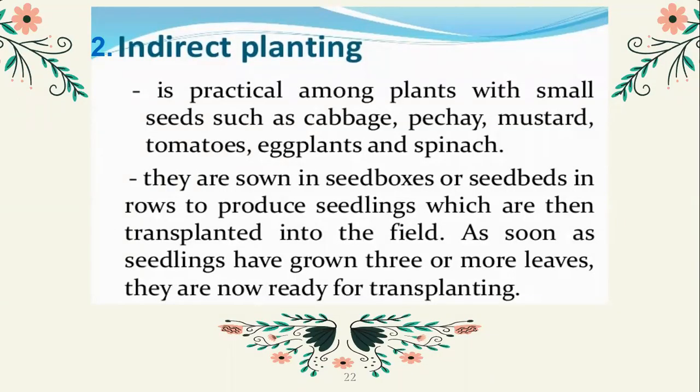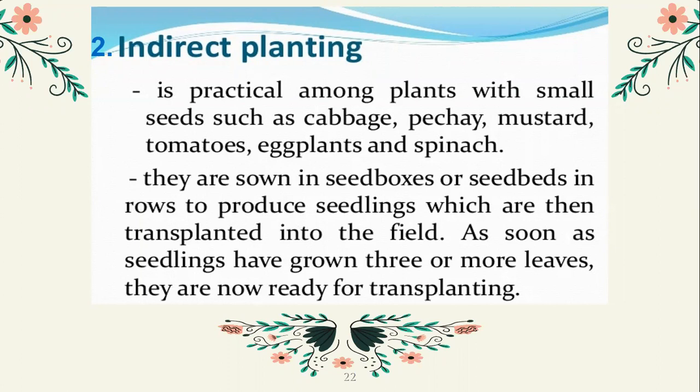Indirect planting is practical among plants with small seeds such as cabbage, pechay, mustard, tomato, eggplants, and spinach. They are sown in seed boxes or seed beds in rows to produce seedlings, which are then transplanted into the field.